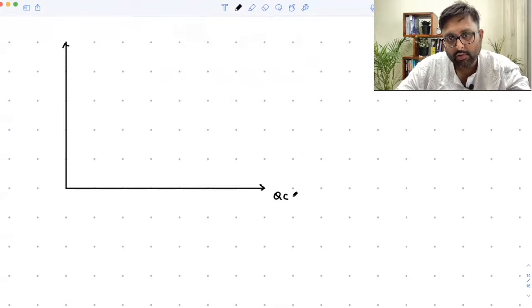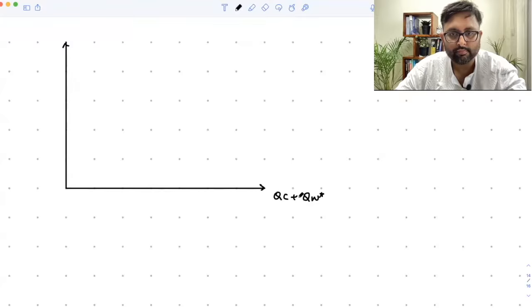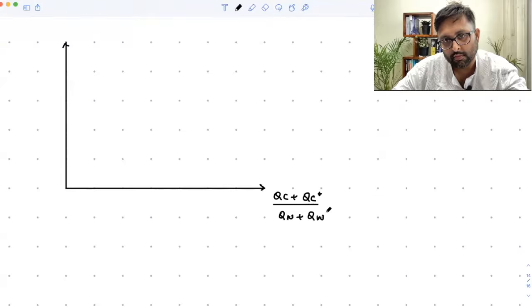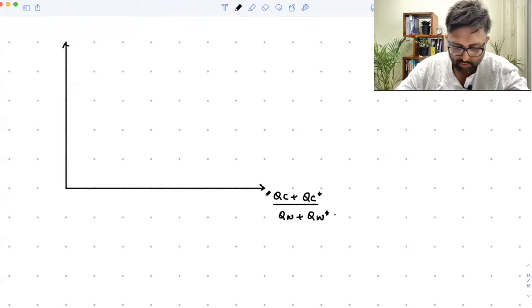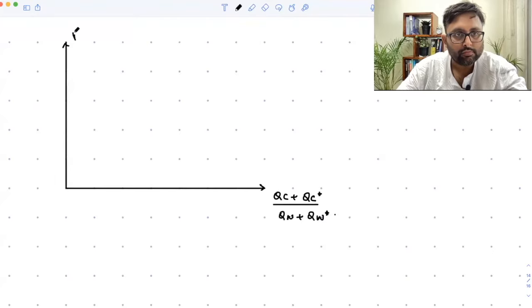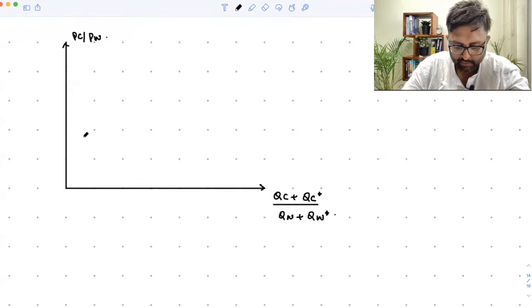What is this? QC plus QC star upon QW plus QW star. And here you have PC by PW.